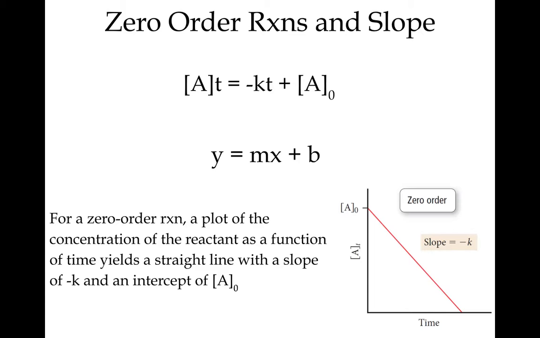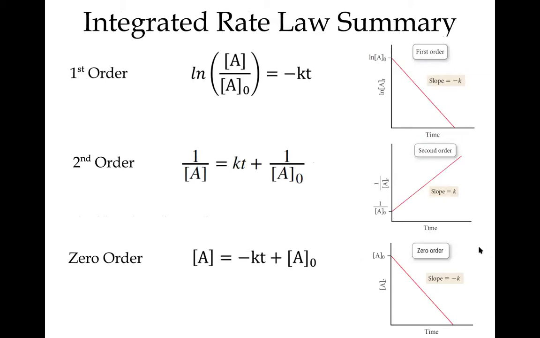So when we're plotting the concentration of a reactant over time, we get, again, a straight line, and the slope is equal to negative k, like first order reactions. The difference is that the intercept is now A to the 0, right? So, you know, same kind of thing.